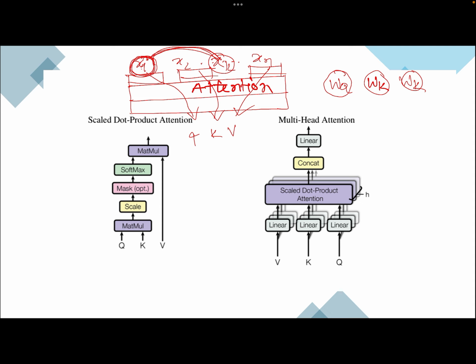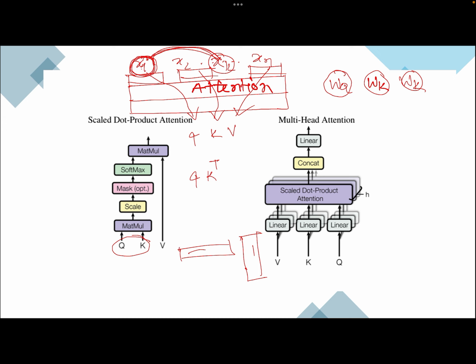For calculating that, we apply a multiplication of q and the transpose of k. We have a q vector and a k vector, the transpose of k, and we multiply them. This signifies how much relationship these two input tokens have.